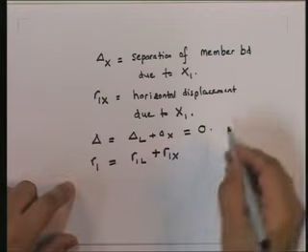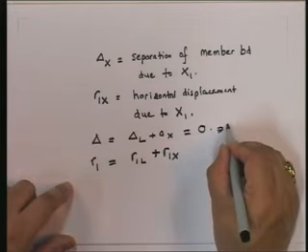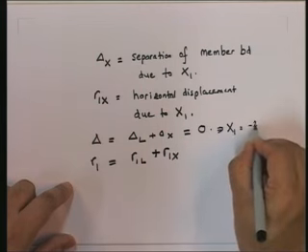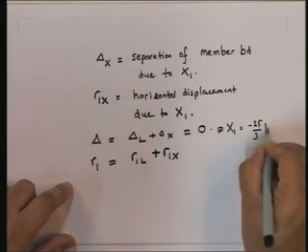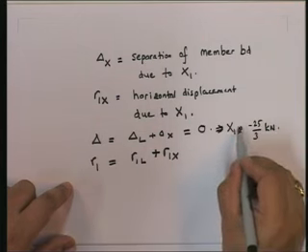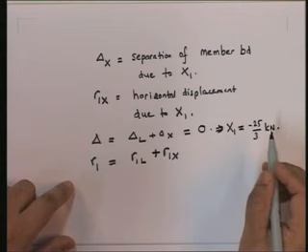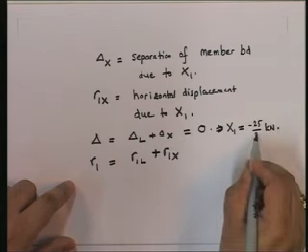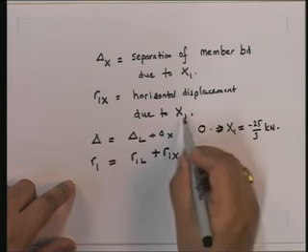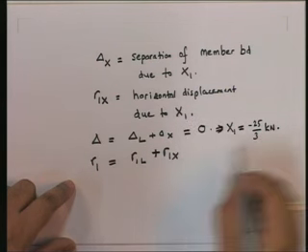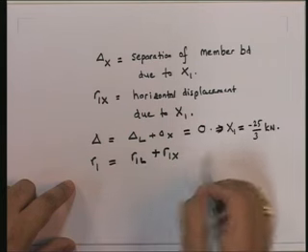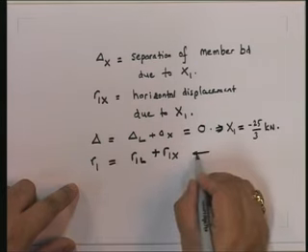Note that this gives me, like last time, I found out that x1 is equal to minus 25 by 3 kilonewtons. There is no difference in the flexibility at all. Once I find out x1, I can find out R1x, because R1x will always be in terms of x1, and since I know x1, I can find this out, add it to this one which is a number, and I've got my displacement at this point.